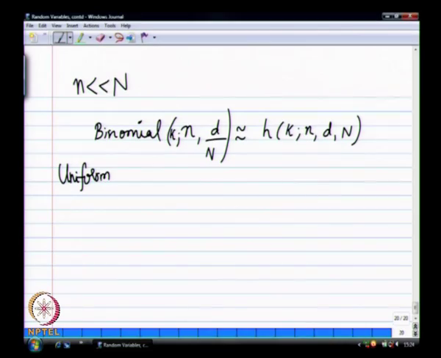Okay, the last one, then we will stop and go over the tutorial today. So this is the uniform discrete random variable; there is a continuous one also. There are two ways to look at uniform.